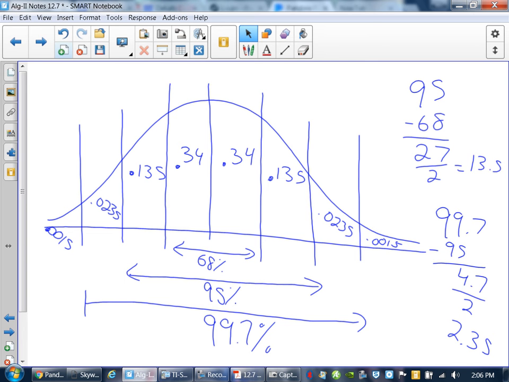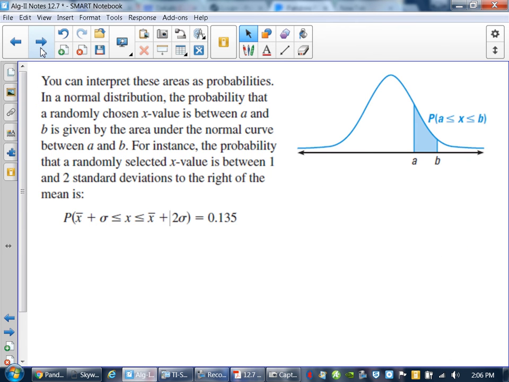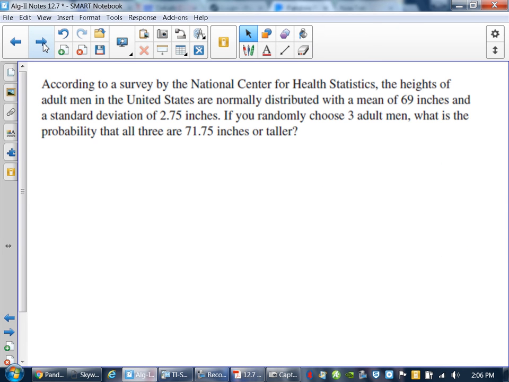Okay. So a really easy example of this is heights. Let me fill in my chart over here so we can reference it. So it's 0.34, 0.34.